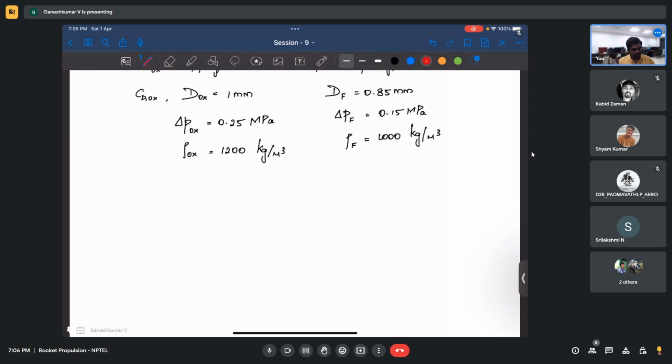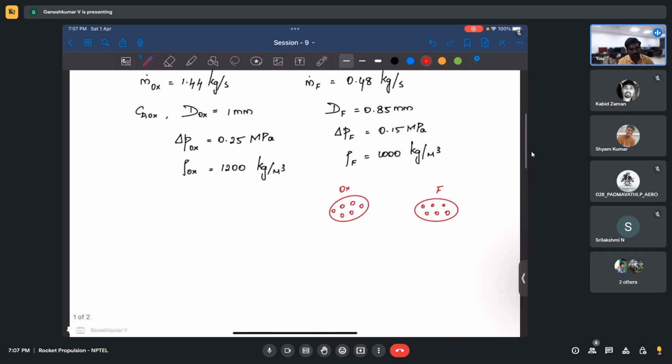Were you able to follow me? So there are two injectors, one for oxidizer and another for fuel, and each has its own orifices. But it's possible to have a single injector with holes for both oxidizer and fuel, right? There are a lot of combinations of injectors available.